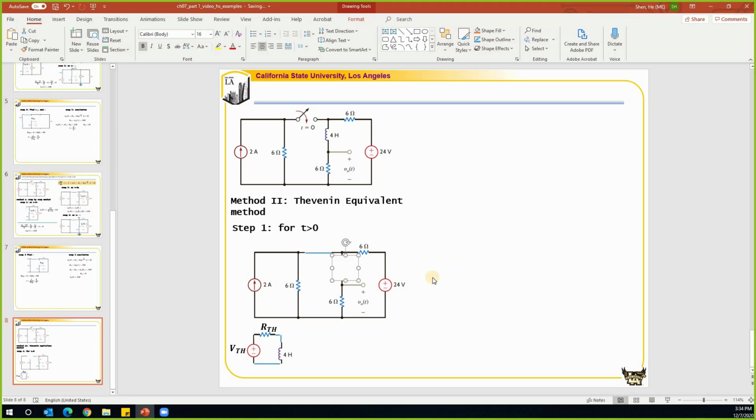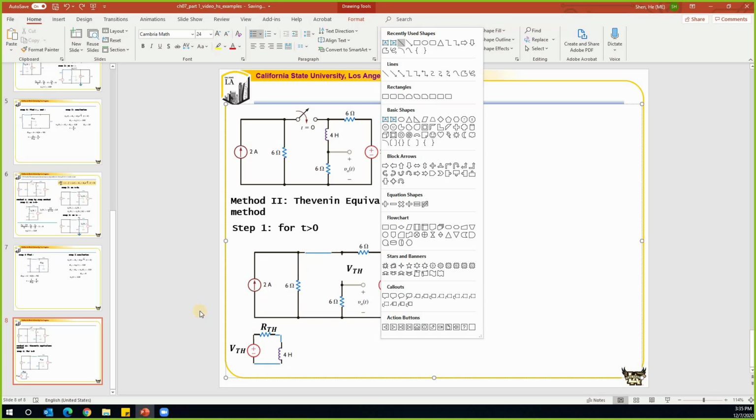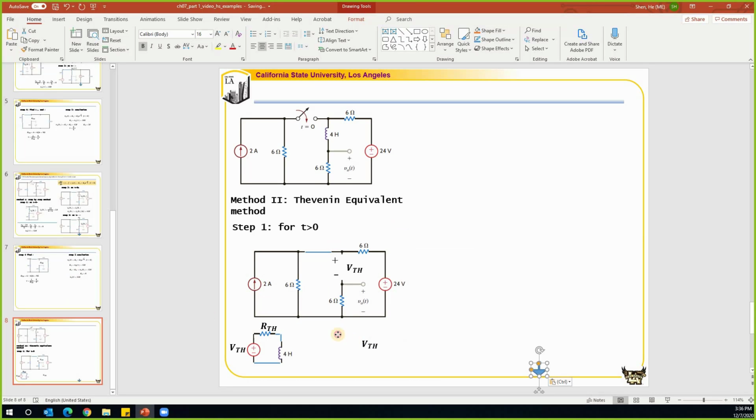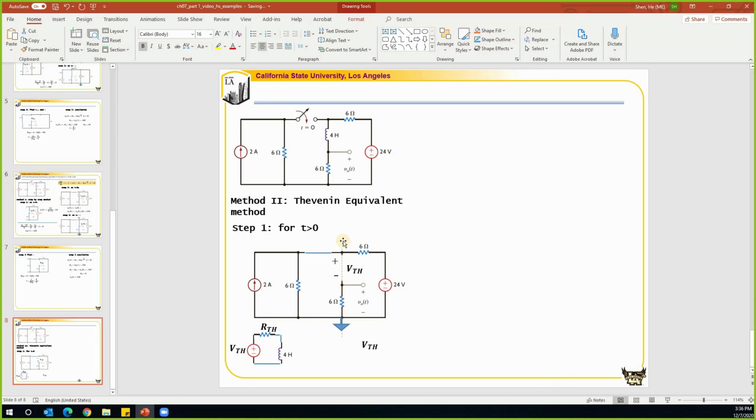The VTH is found from here. Don't forget the reference polarity. We're going to use a plus sign on the top and a minus on the bottom. If we use nodal analysis, we select this node as my reference node, then VTH becomes the voltage on this node.